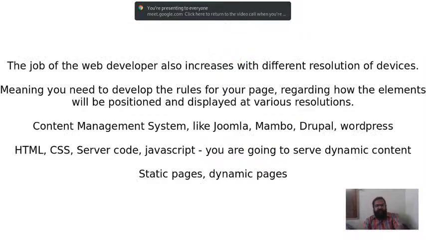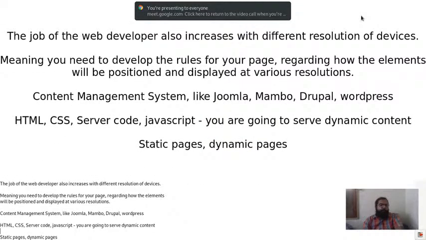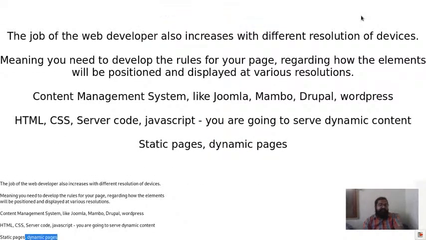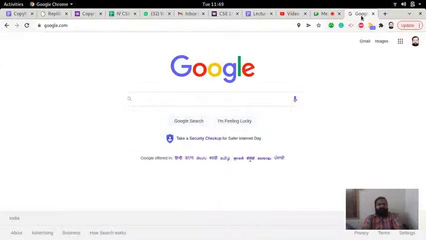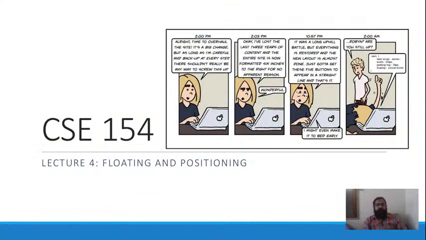With static you just need HTML and CSS, which is more than enough, and with dynamic you need HTML, CSS, server code, JavaScript, and all of those things. For static pages also you may need some JavaScript for different actions that you want to perform.